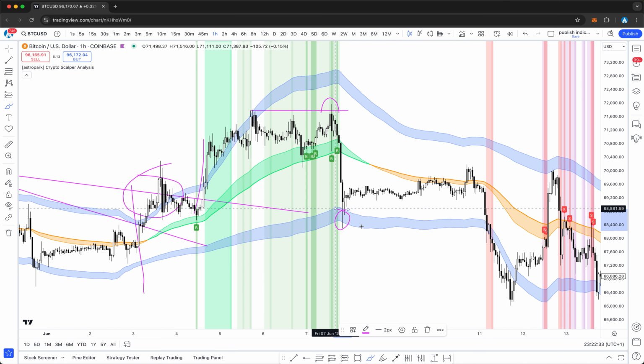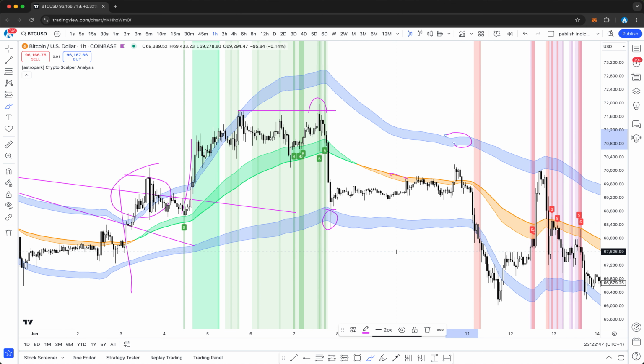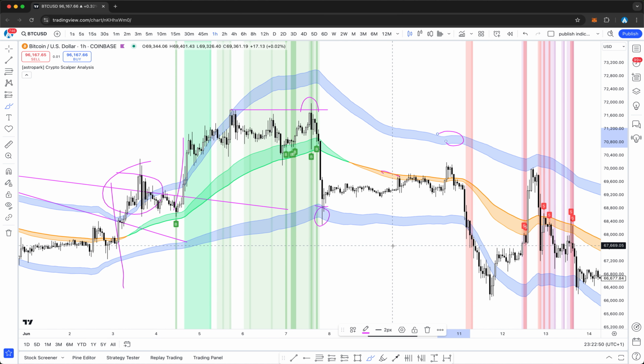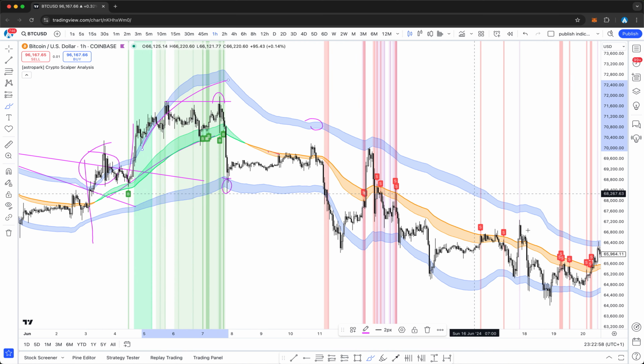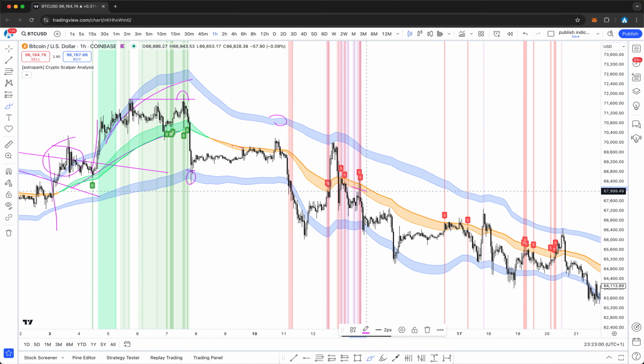So again, if you are a scalper, you can just buy here and sell here, for example, or best case sell here. So just to summarize again, when price is trending, this is your support and this is your take profit level, or this is your resistance and this is your take profit level.